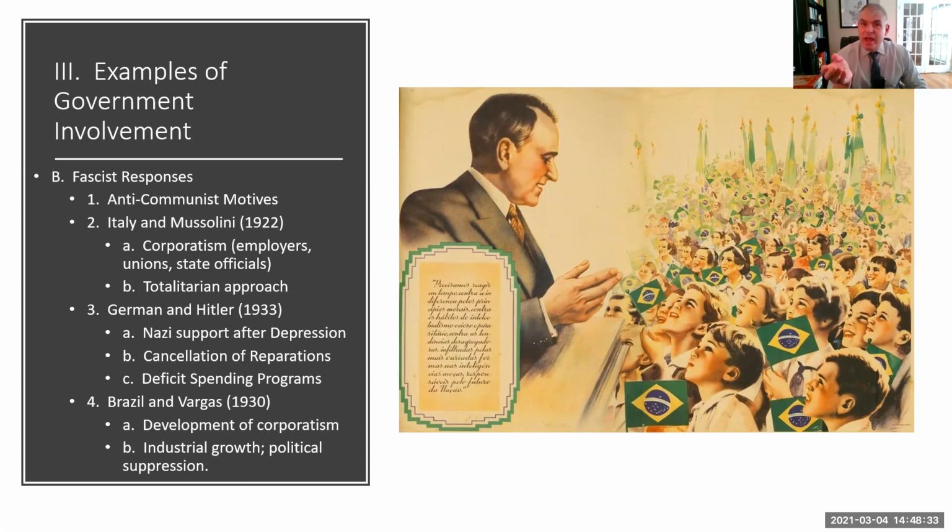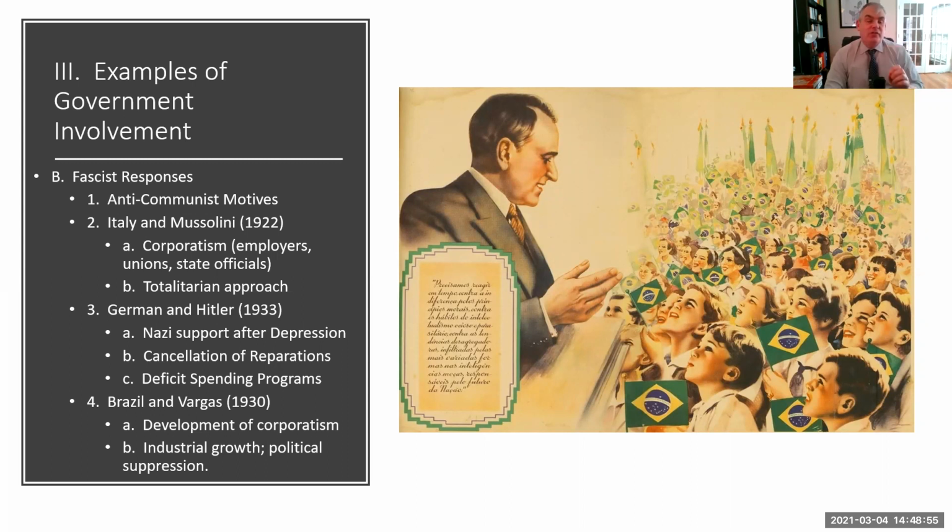So when Vargas takes power as president, he begins to implement a corporatist policy, very much like Mussolini. And what he's going to usher in is industrial growth. Brazil is going to rapidly industrialize under the rules and regulations of Vargas.